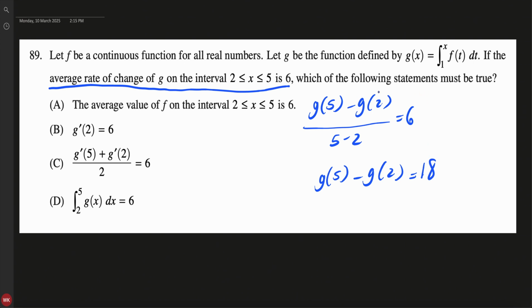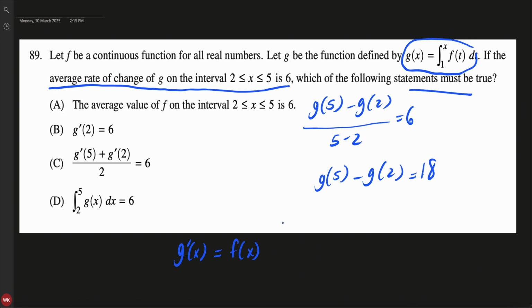Now I also know that if I differentiate this, I would get g prime of x is equal to f of x, essentially.